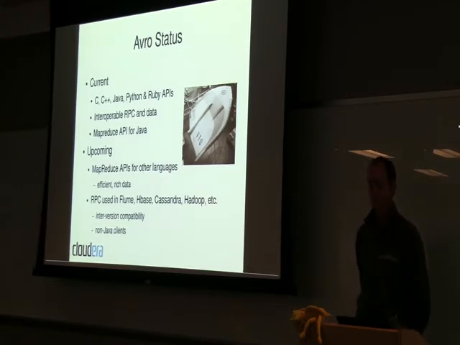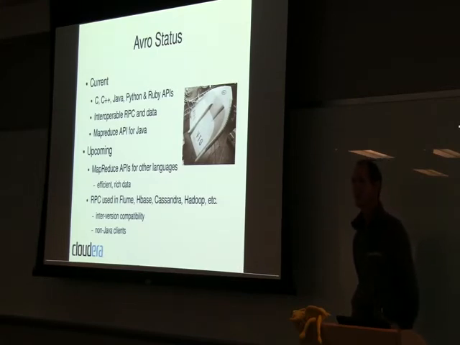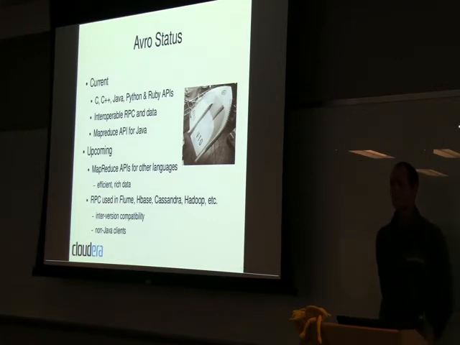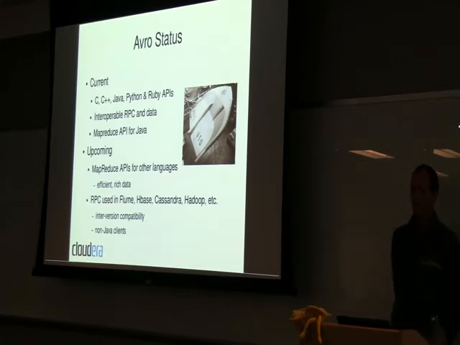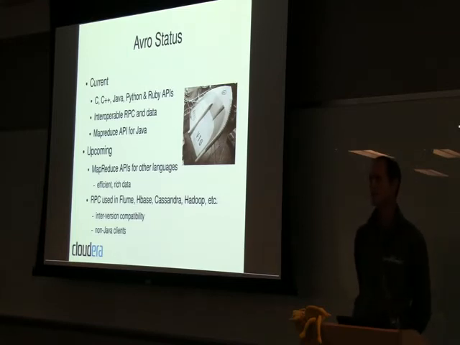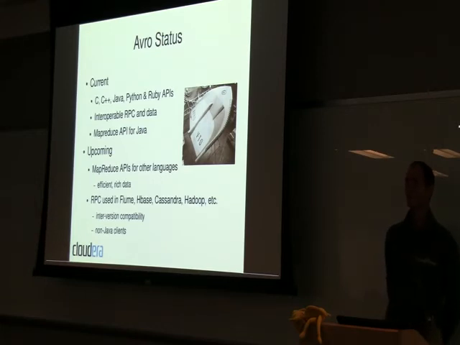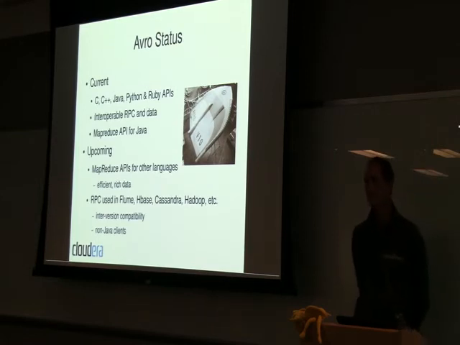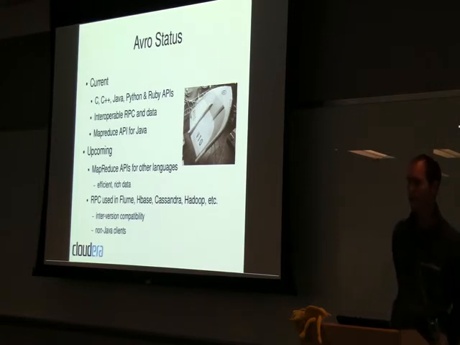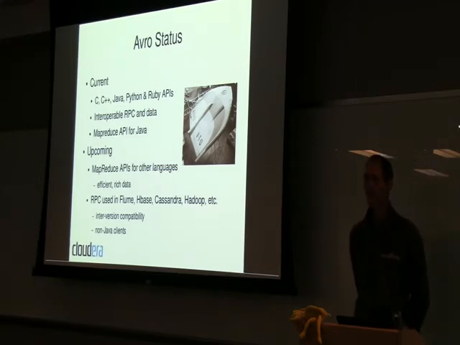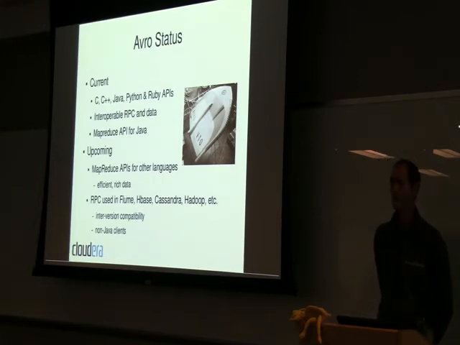There's a plan to do something that's a lot like pipes, if you're familiar with the Hadoop pipes for C++, but to pass Avro data down to a sub-process so that folks can write mappers and reducers for Avro data in other languages like C, C++, Ruby and Python, and not have to go through a plain text format, doing it line by line, but actually passing down the raw data structure and parsing it in, building it up in those languages.